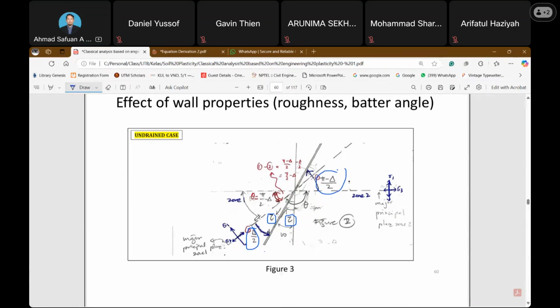Delta is pi over 2 minus delta, so pi minus delta over 2 minus delta over 2. So from pi over 2 minus that, we can get the theta. So theta equal to theta.